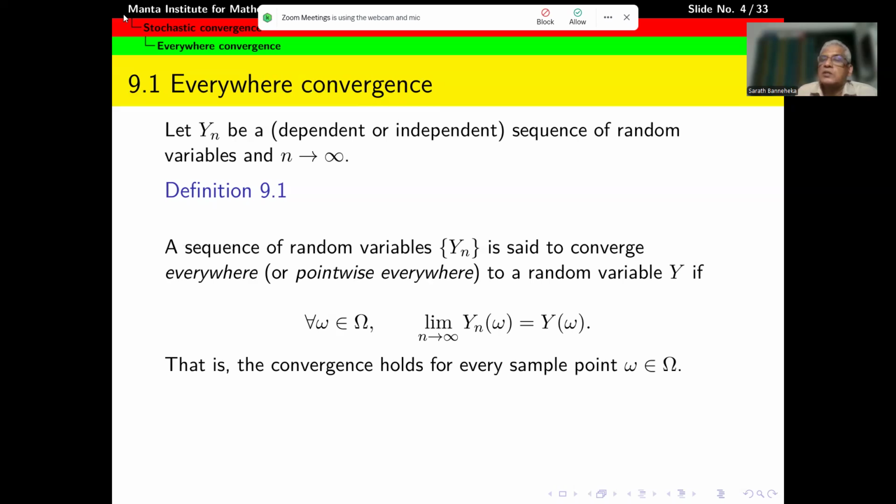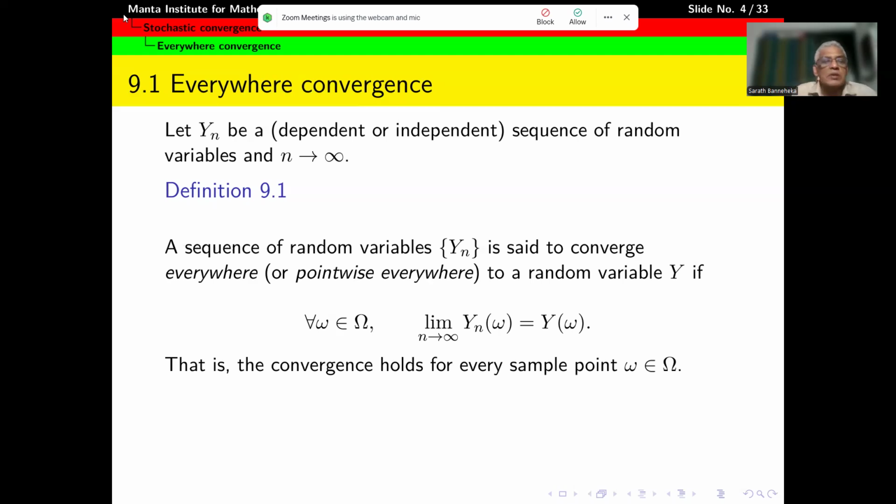And we want to look at whether this sequence of random quantities converge to some random variable or a constant, whether the distribution of those quantities converge to some distribution, whether the probabilities concerning these random variables are converging to some value, and so on. Right? So we look at the definition for the everywhere convergence.